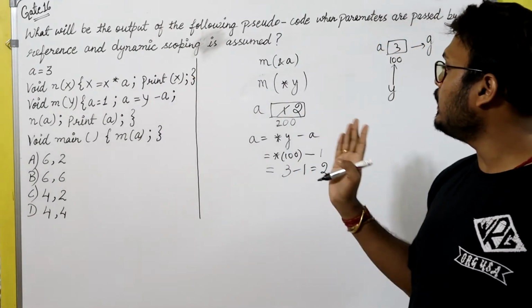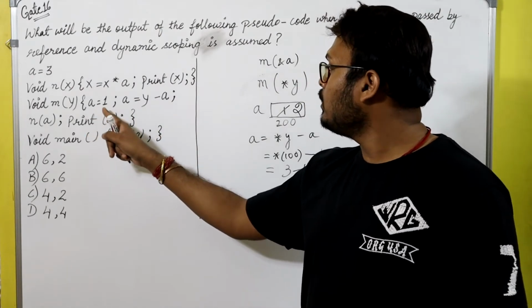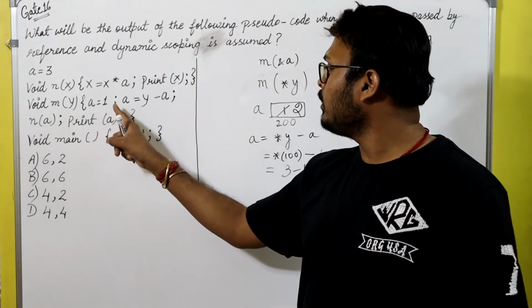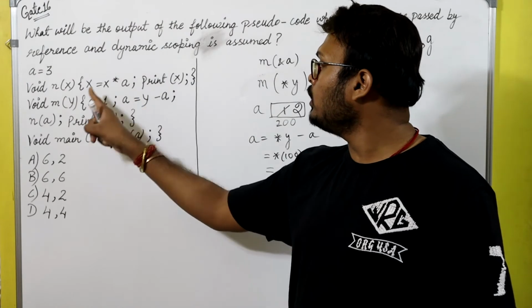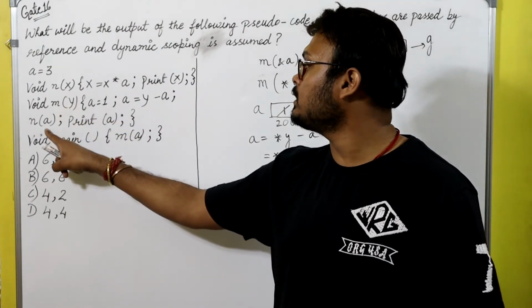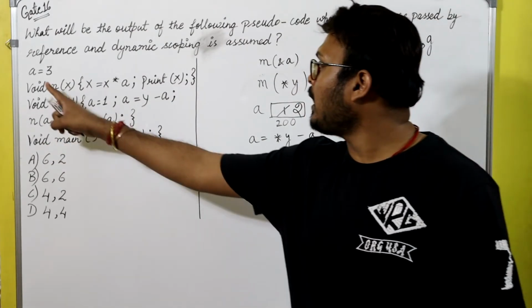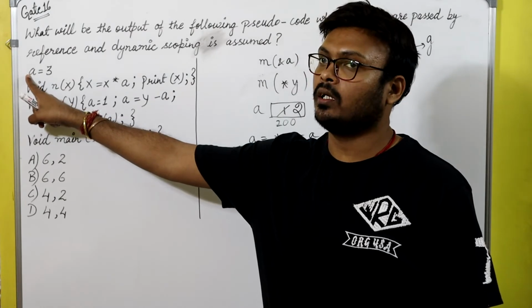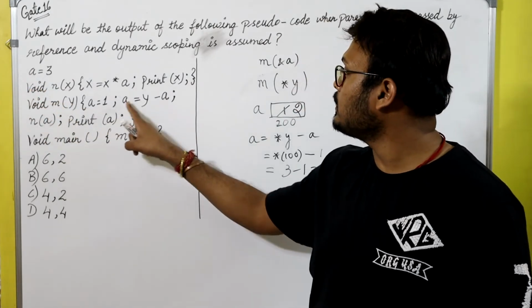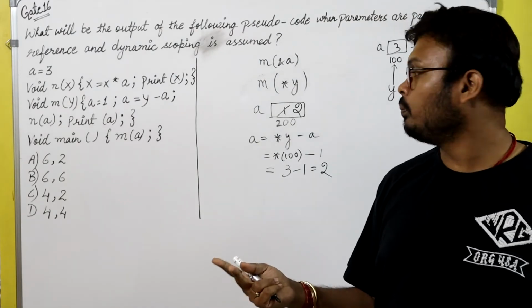Since it is dynamic scoping, the variable A which is local to the function m should be passed as a parameter to n. You will not pass this A as a parameter. You will pass this A as a parameter. Because it is dynamic scoping.